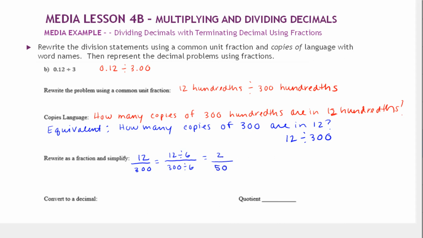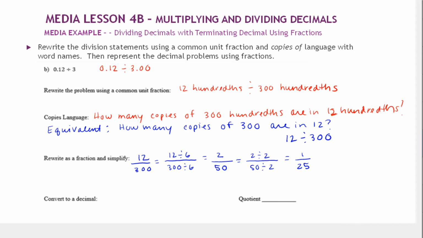So notice this isn't completely simplified, and that's fine. They actually had a greatest common factor of 12. So I'll divide by 2 one more time. They were both even. That's how I knew that. And we get 1/25. So there's 1/25 of a copy of 300 hundredths in 12 hundredths.